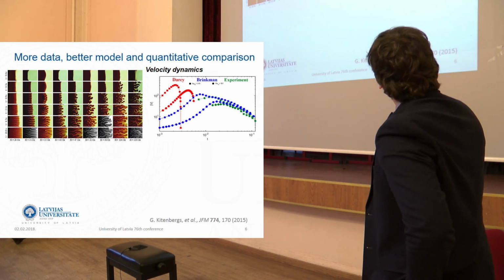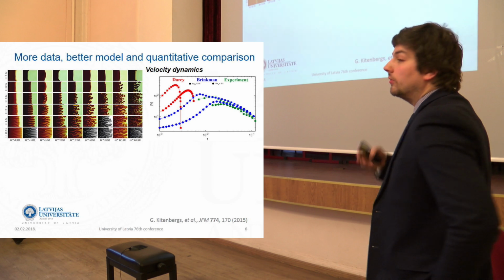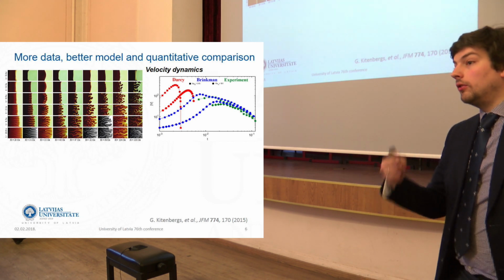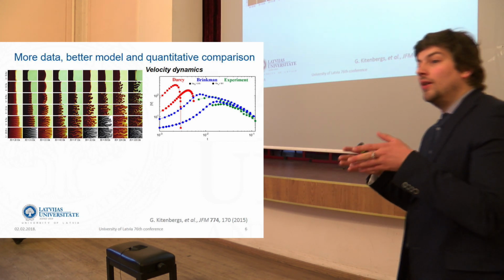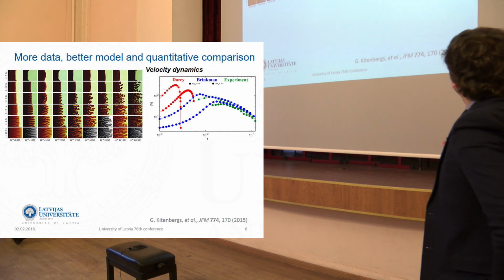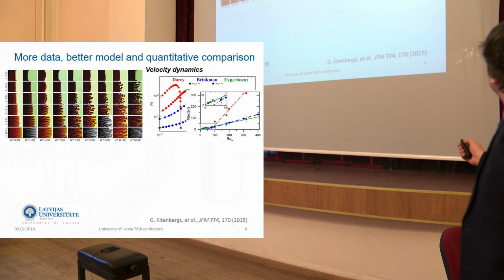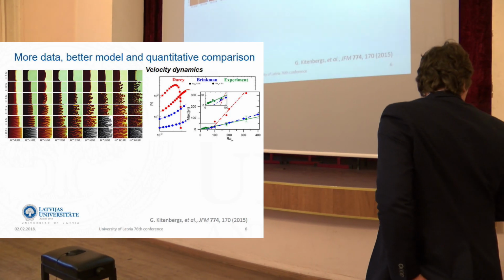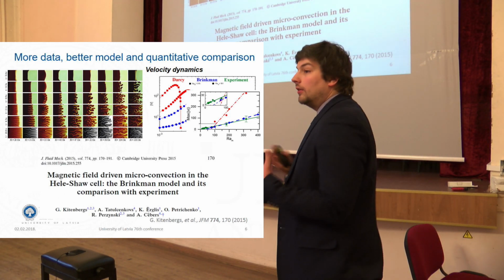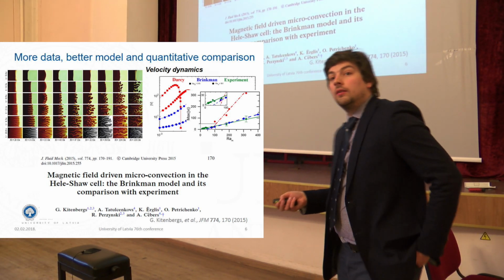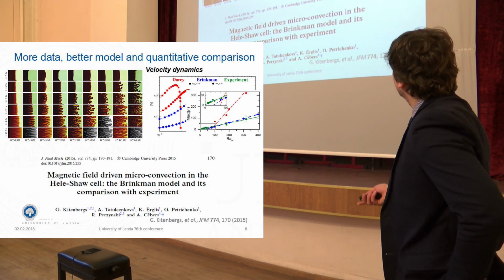For the experimental data, it's the green curves, and there are two models. At that time, theoreticians had added the Brinkman term in the model, and it provided much better results. As you can see, they fit quite nicely. The same if you look at the maximum velocity, and this resulted in a pretty nice paper in 2015.